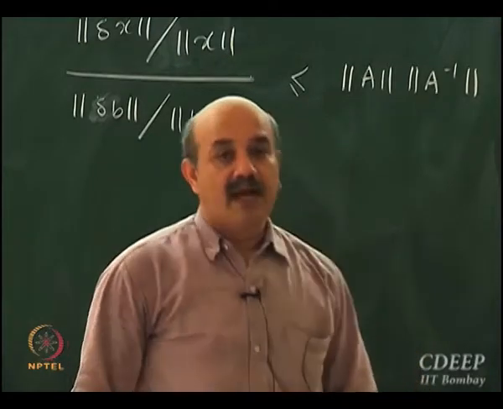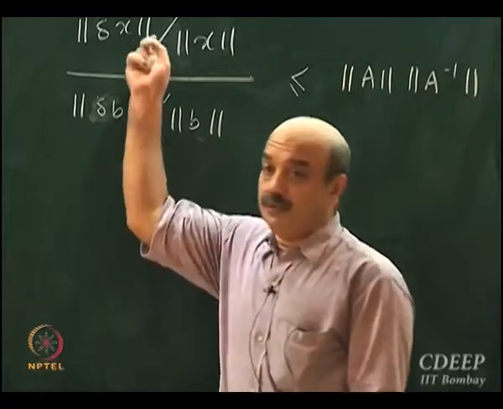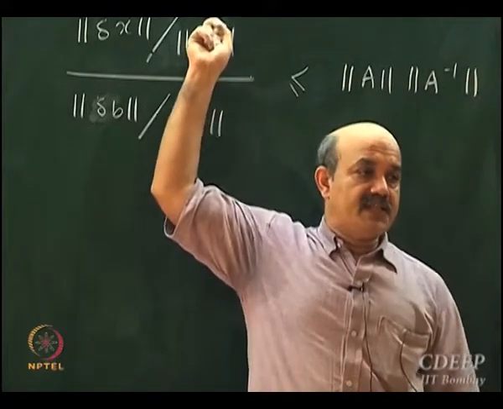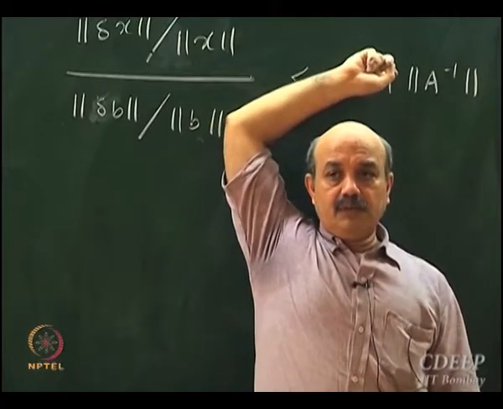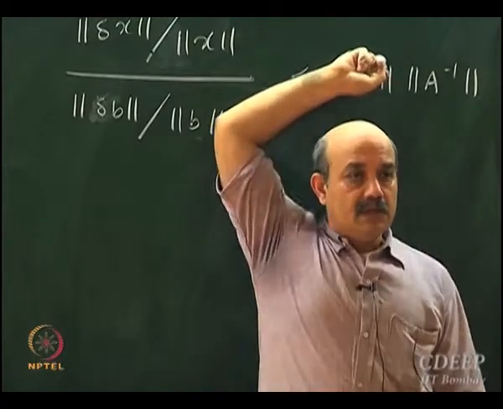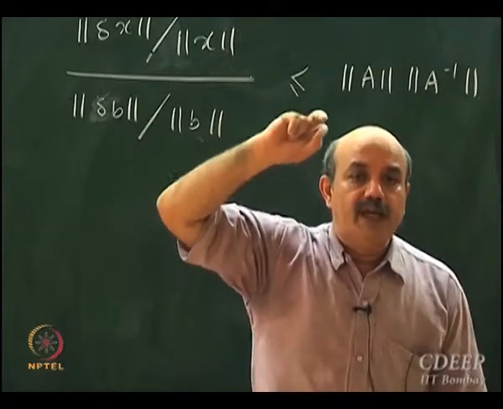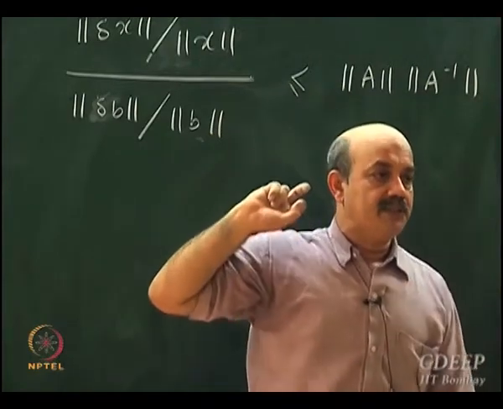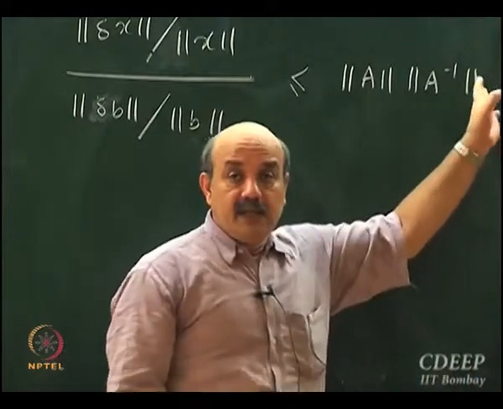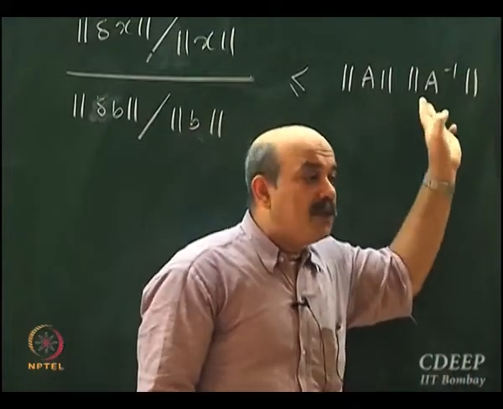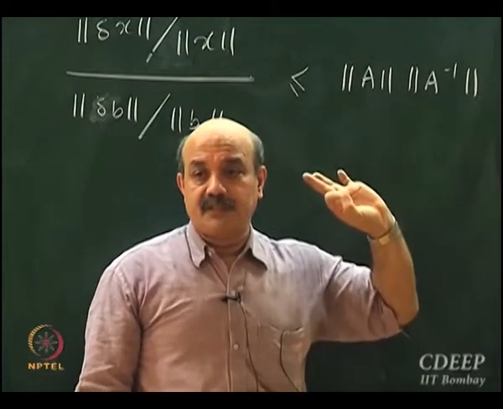It means that the maximum ratio of relative change in x to relative change in b is equal to norm of A into norm of A inverse. What you see here on the right hand side, neither x appears nor b appears, only matrix A appears.